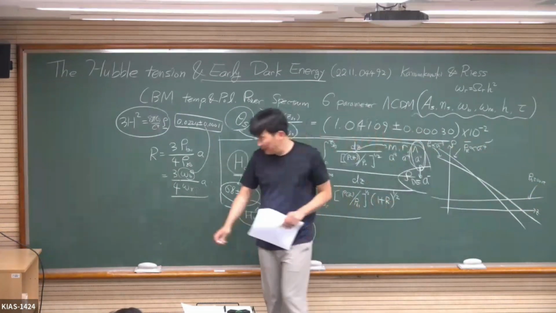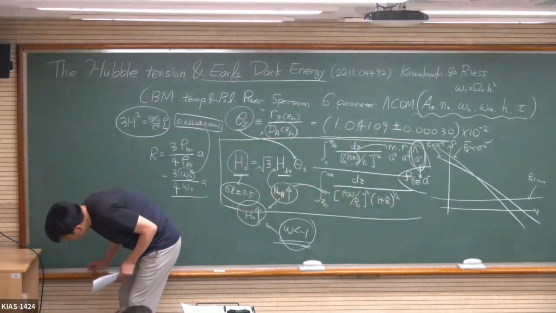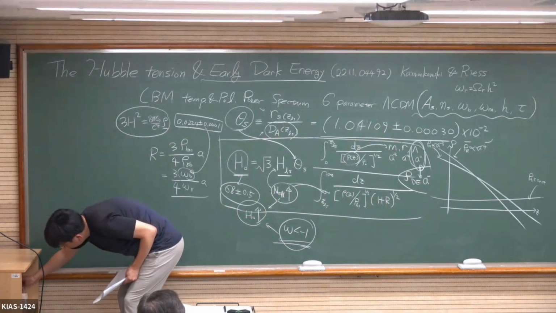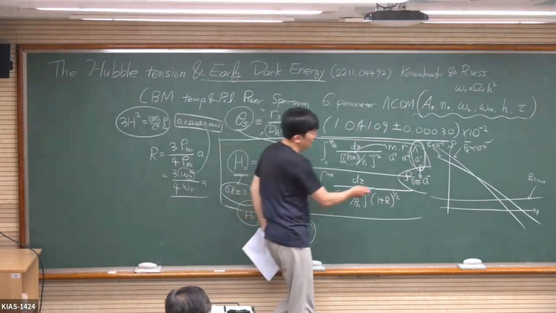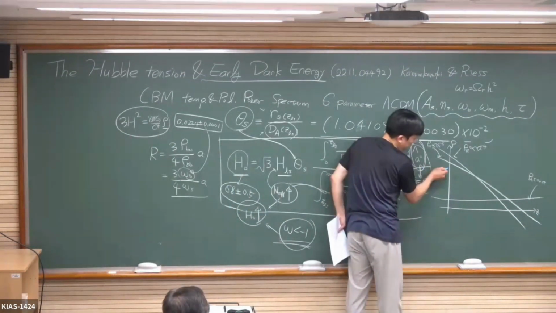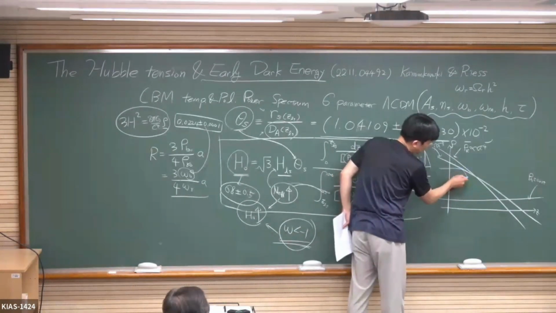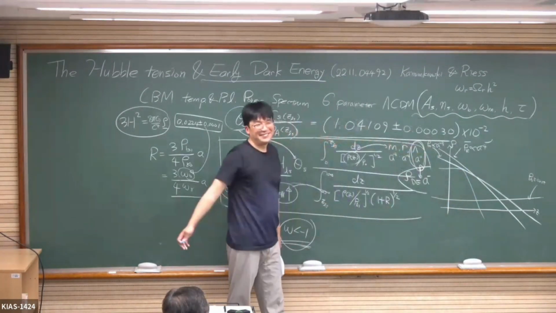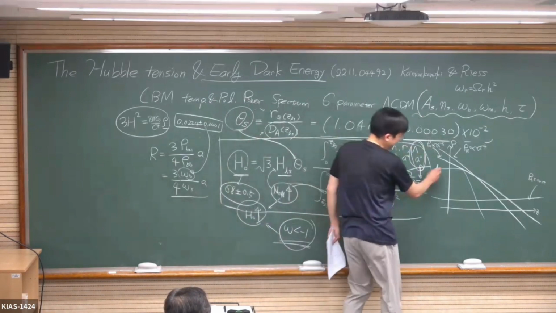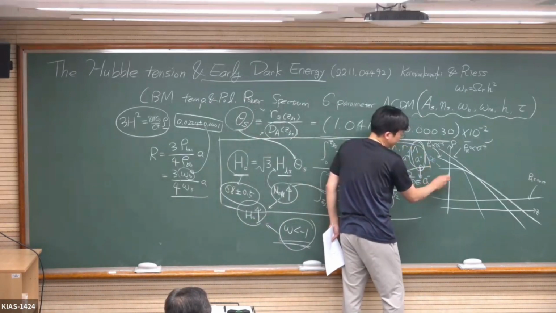So early dark energy behaves like dark energy early on, but then decays faster than the radiation. It has a dark energy phase, and then decays fast.